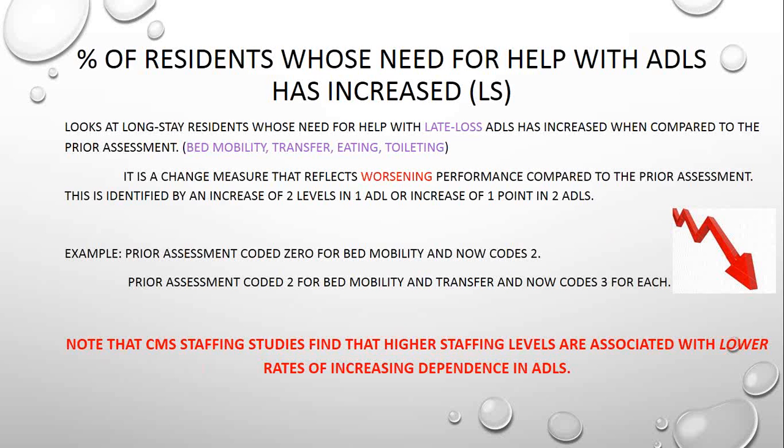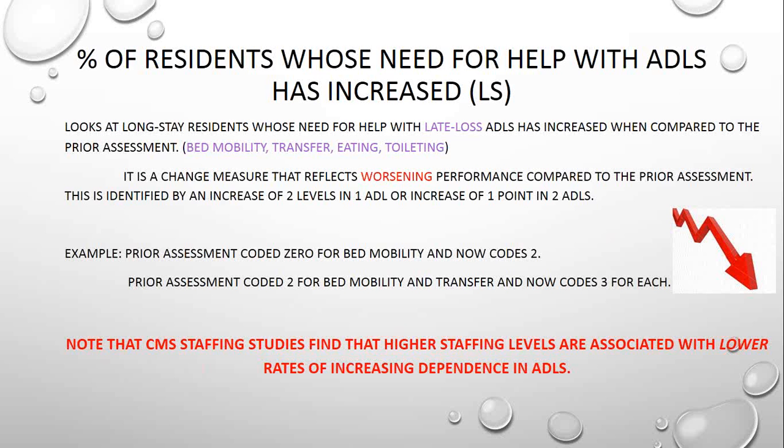And the way they determine worsening is it's identified by an increase of 2 levels for one ADL or an increase of 1 level in 2 different ADLs. So an example would be the last assessment codes 0 for bed mobility and now is a 2. That would trigger because you've gone from a 0 to 2, up 2 points in one area.